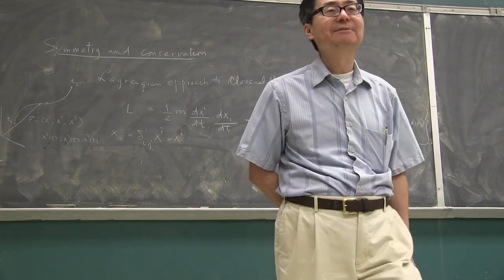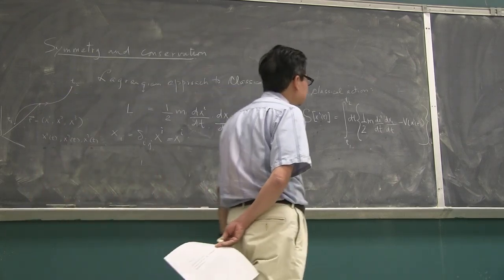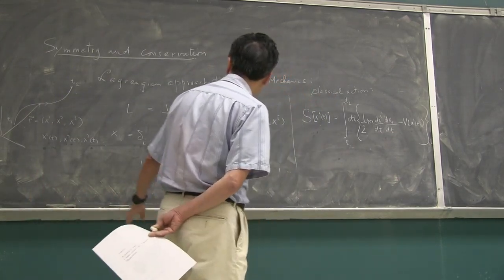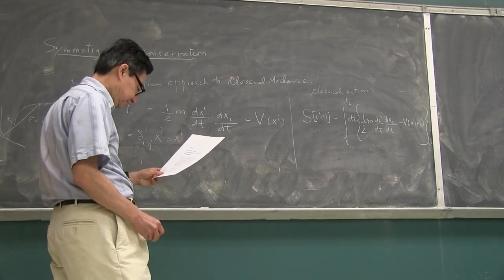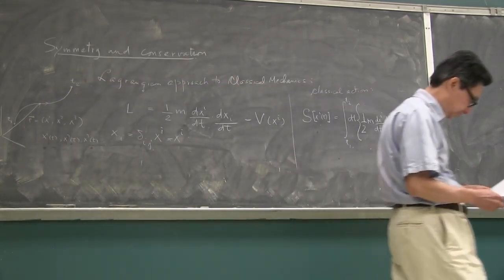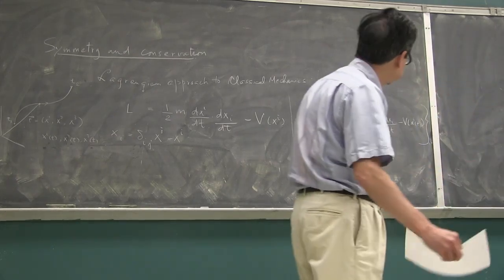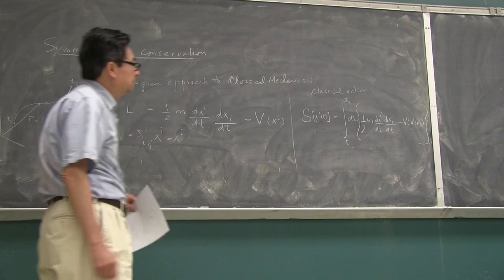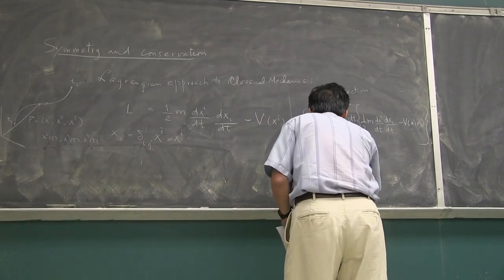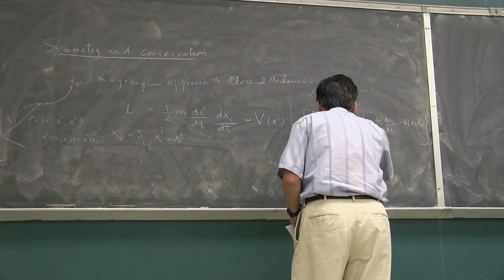Is that understood? So the classical action is a particular way where you can calculate a number from a given trajectory. Now what do we do with this functional? We can imagine a situation where you have many given trajectories.